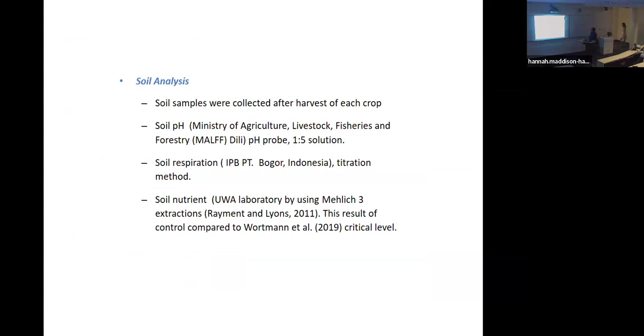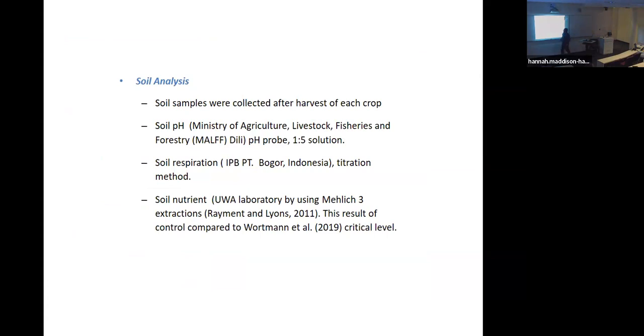Soil samples were collected after harvesting the vegetable and rice in the dry and wet season. The soil samples were brought to the laboratory of the Ministry of Agriculture in order to test soil pH using this kind of method.